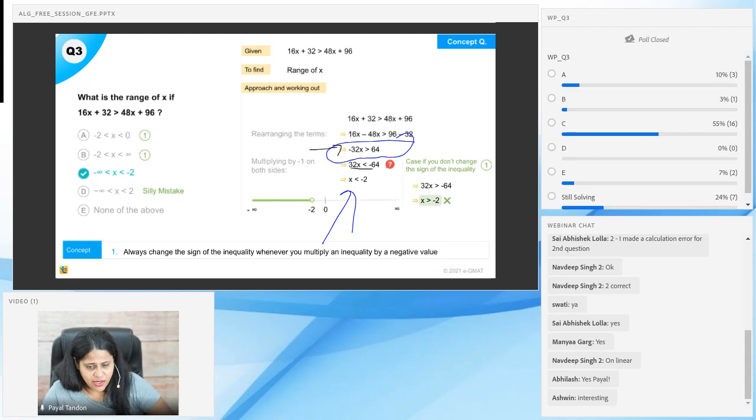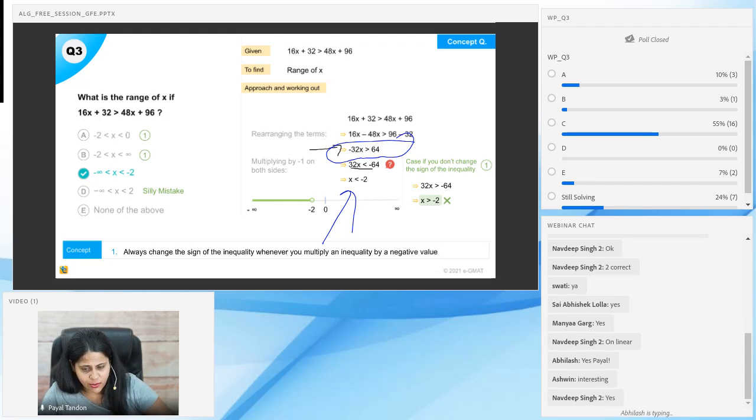Now this was the question where what you needed to do was flip the sign of the inequality, right? How many of you know this concept that if you are multiplying both sides of the inequality with a negative sign, then you need to flip the sign of the inequality? How many of you are absolutely comfortable with that concept? Yes, good.